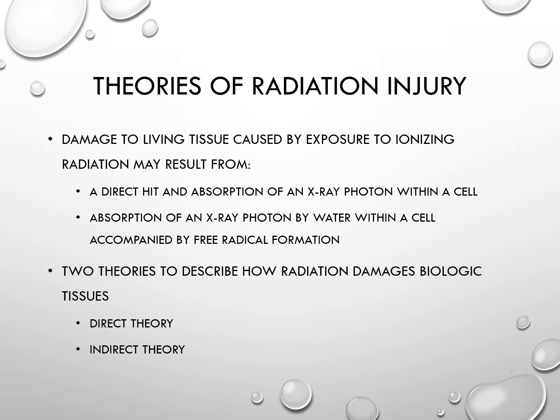So even though free radical formation is ionization, because it is so very specific to water, we are not putting the two together. There is ionization of the cells that are not water, and then there's free radical formation when ionization occurs with water. The two theories of how radiation damages biological tissues are going to be the direct theory and the indirect theory.